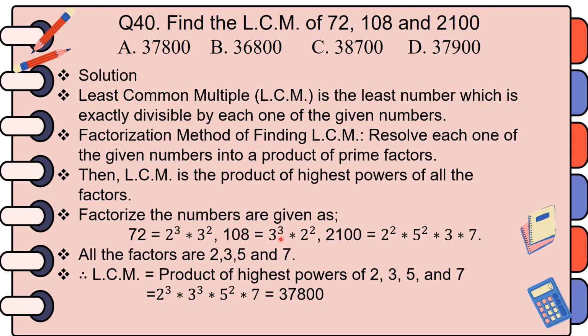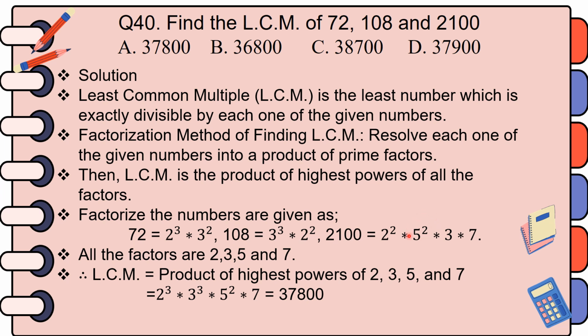So the number with the highest power is 3 to the power of 3. So take 3 to the power of 3. Again, 5 is not there on 72. It is not there on 108, but it is there on 2100.